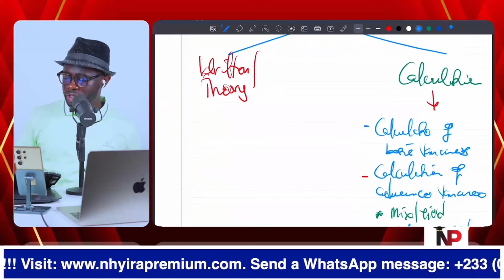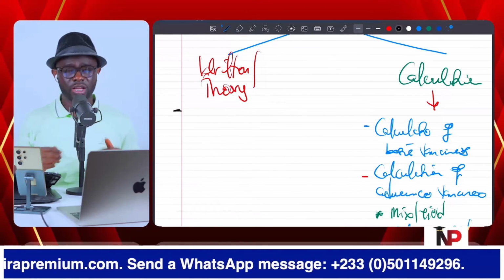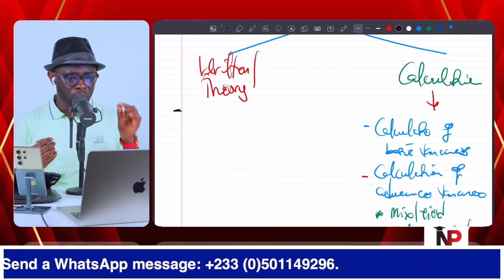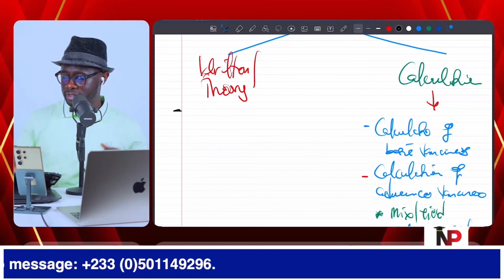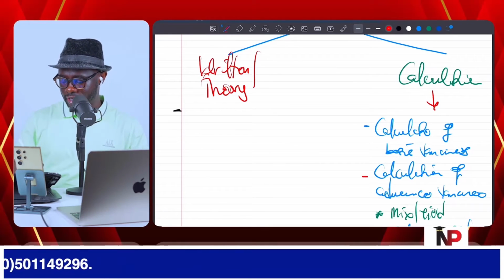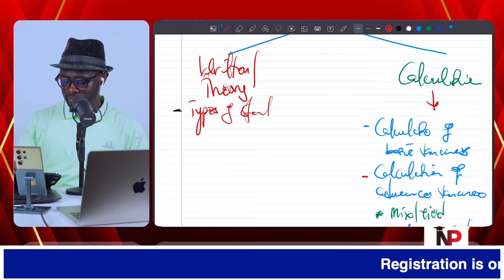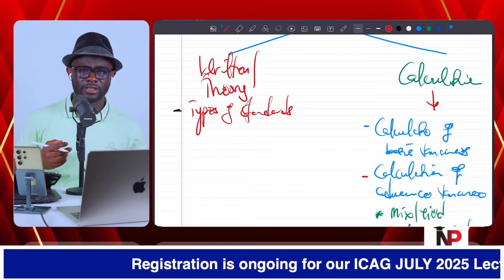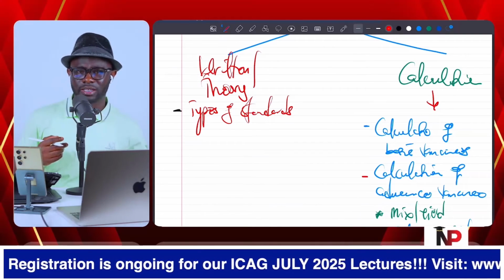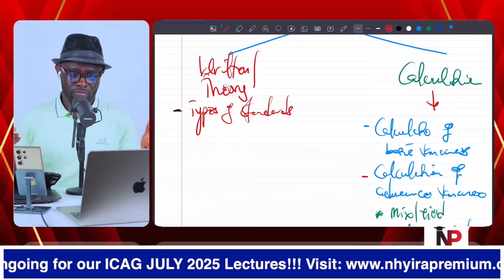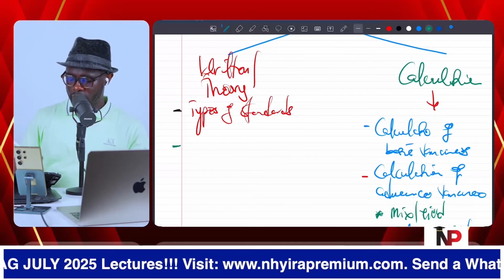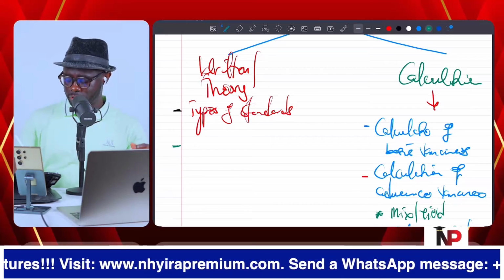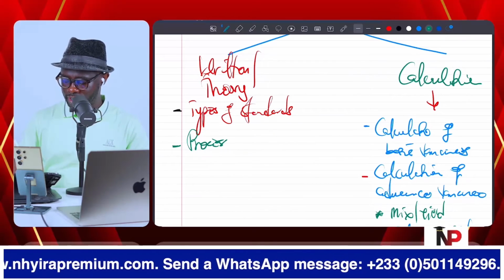In addition to these calculations, there are some theories that we have to also be mindful of when it comes to variance analysis. The first one certainly is what we refer to as the types of standards. There are 4 types of standards: basic standards, current standards, ideal standards, and attainable standards. Got to know them. Number 2 is the processes involved in standard costing.